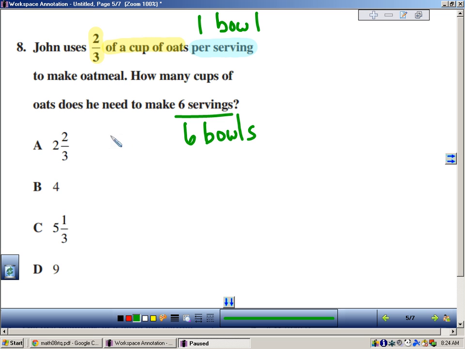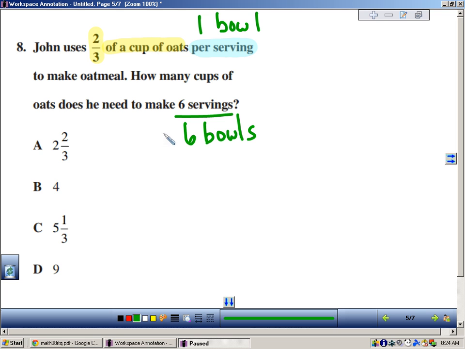So I don't know how many oats I need to make 1, not 6. Well, you just think about it. You're just going to take 2/3 and multiply it 6 times, right? Multiply it by 6. And that would create your 6 servings.